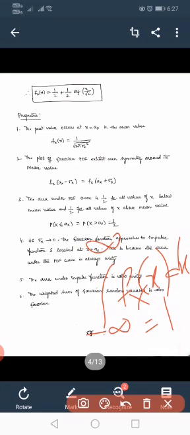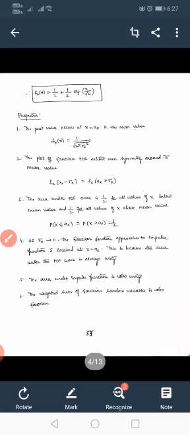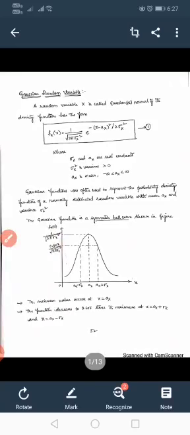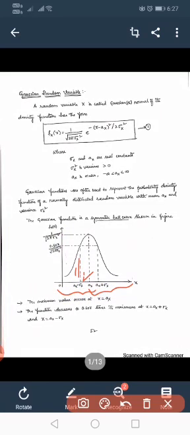Here the Gaussian density function curve is an even function, or it has even symmetry. So below the mean value, up to here, the area is 1 by 2, and beyond the mean value ax, the area is 1 by 2. So the total area under this Gaussian density function curve is 1.